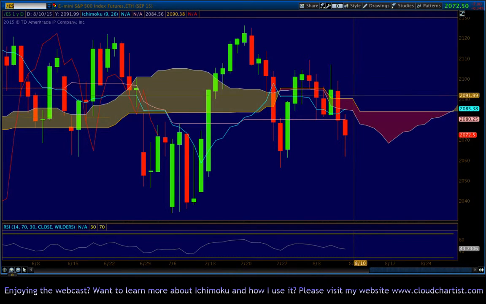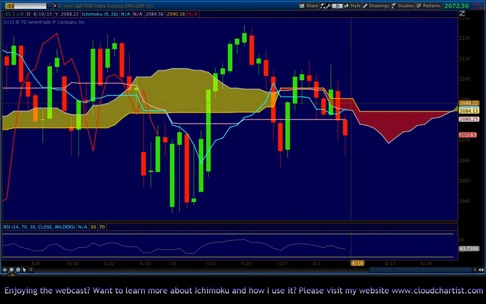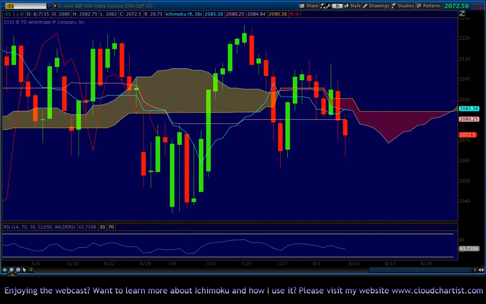We have all those areas of resistance ahead. But if we can get back over the 2090.50 area, then this chart changes from bearish, which it currently is, to bullish. So that's your mini Chikou lesson included with your ES analysis on this daily video.